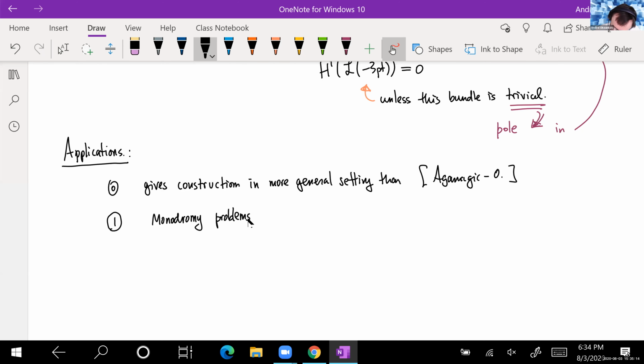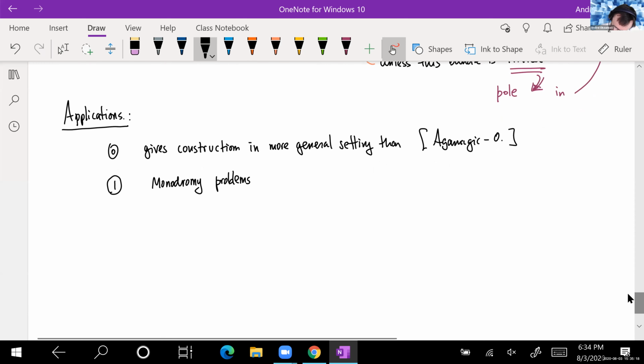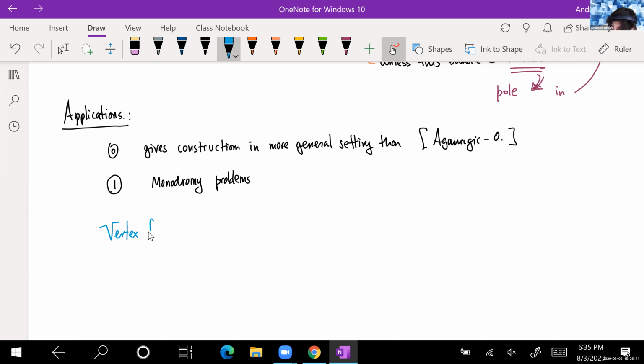So, the monodromy problem. We already studied, when one counts. I tried to explain this last time, so maybe I'll try to be brief. Assume that you have, maybe we can study, a vertex function.